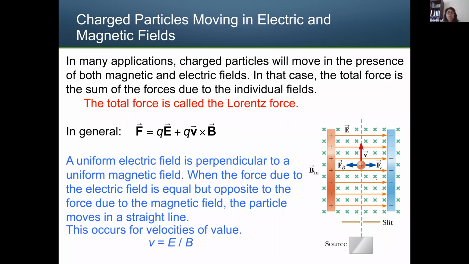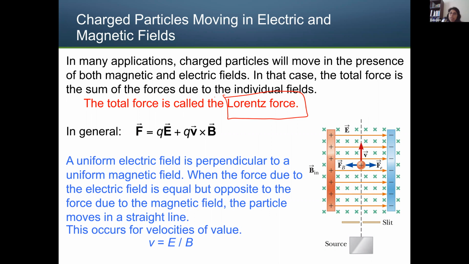So now the next step: we're going to move into getting an understanding of electric and magnetic force together, right? This is called the Lorentz force. The Lorentz force is the combination of electric and magnetic force. That's the net force that the object will feel, but definitely we need to take direction into account by using vector addition, right?